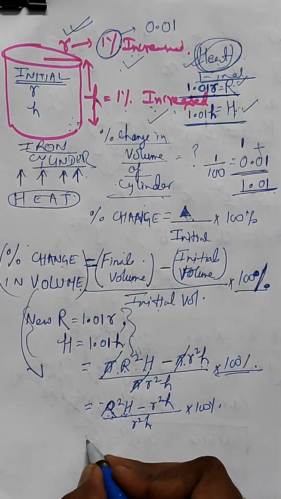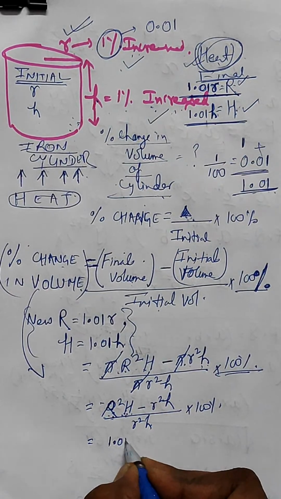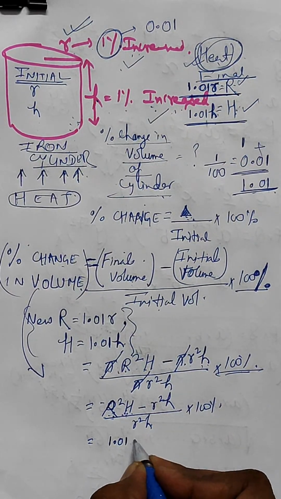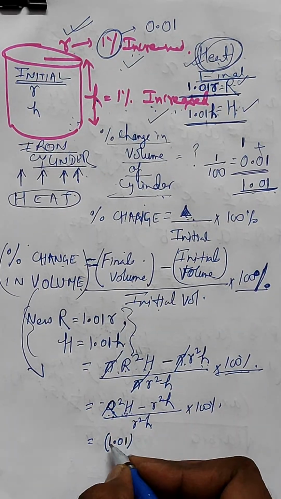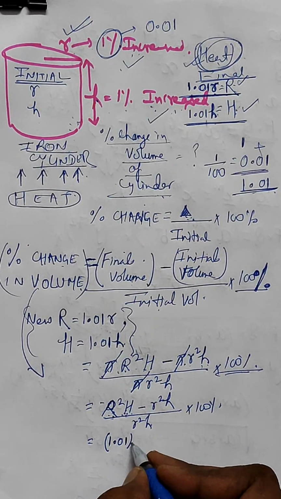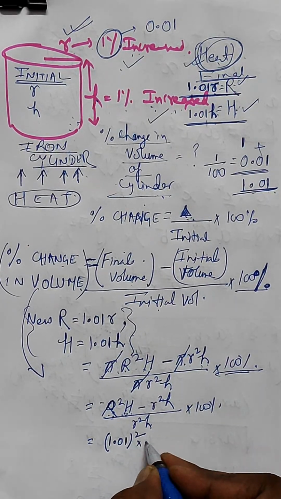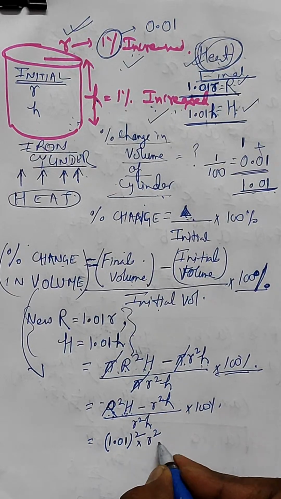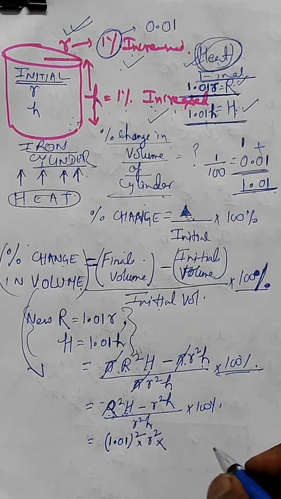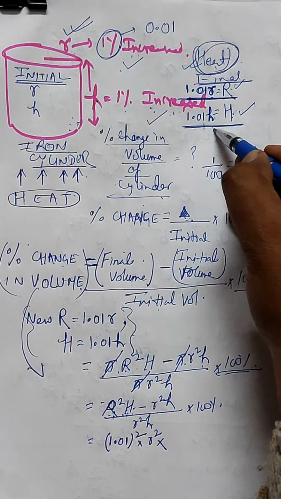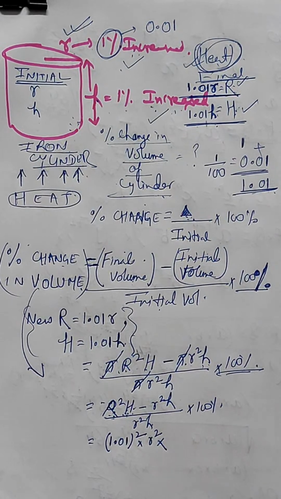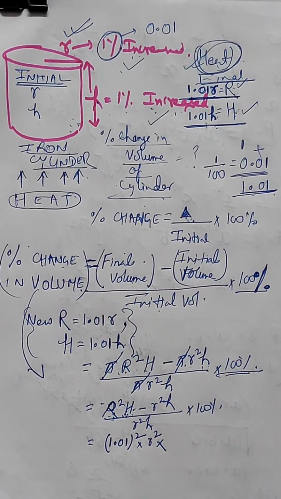So do one thing, students, put 1.01 r over here in place of capital R. So we will get 1.01 square into r square into, in place of capital H, put this value of 1.01 times small h, right?